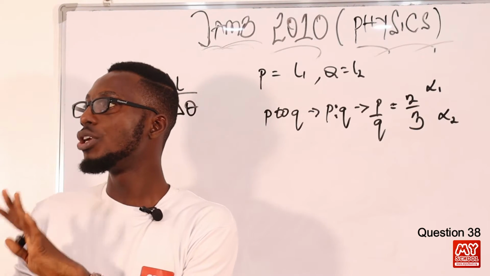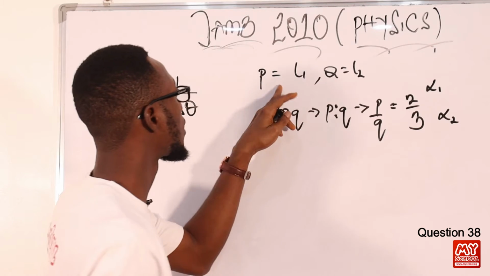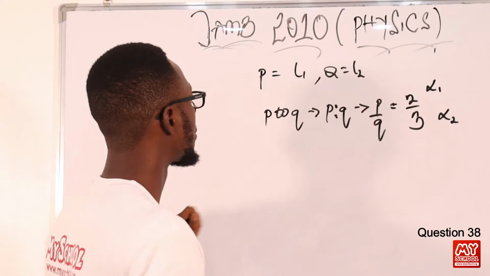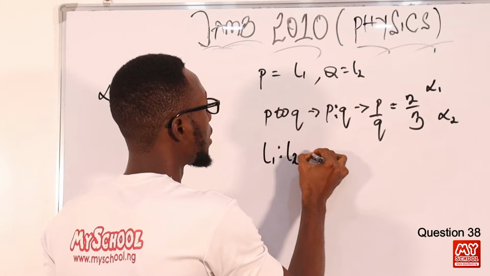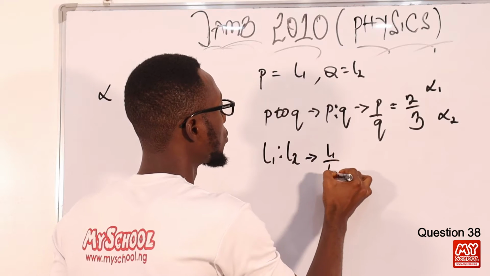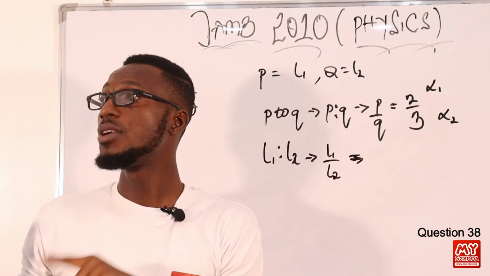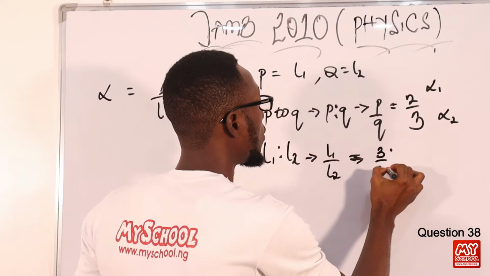Then the ratio of length is 3 ratio 4. The length of P is L1 and the length of Q is L2, so L1 ratio L2 is the same thing as L1 over L2, and that is 3 ratio 4, or 3 over 4.